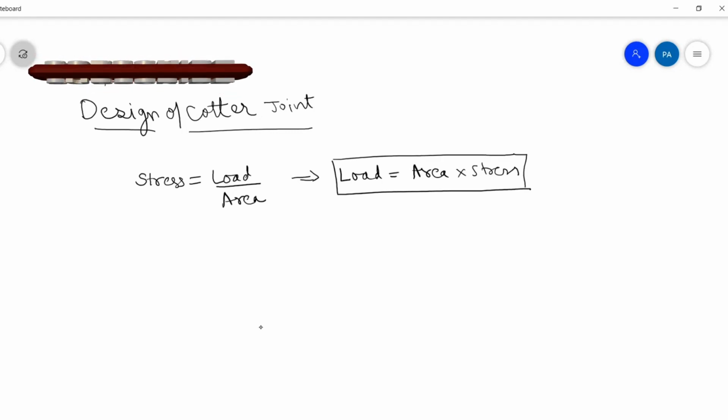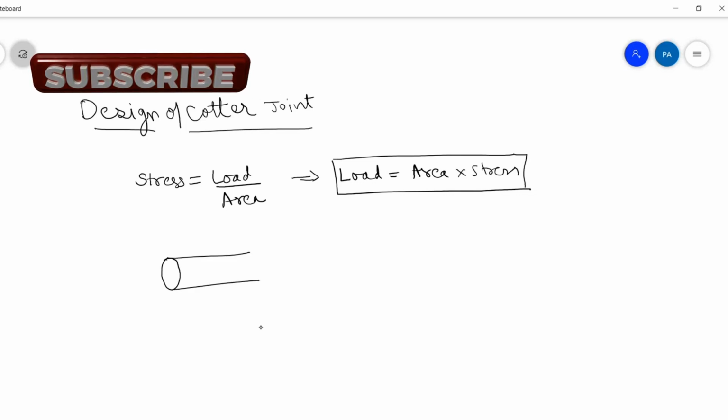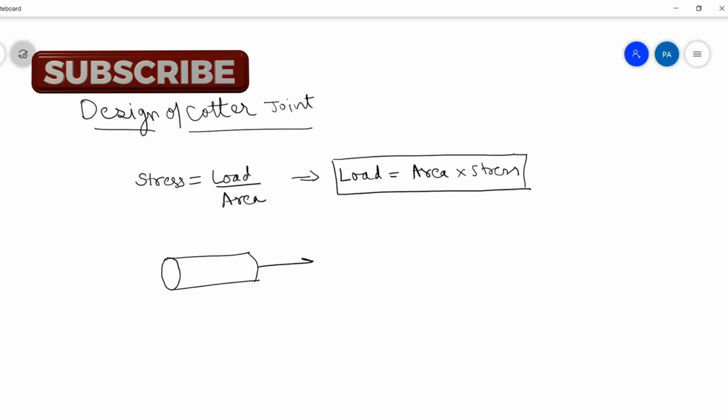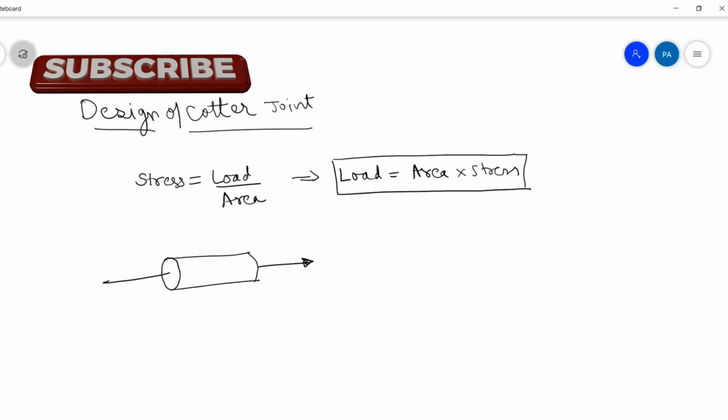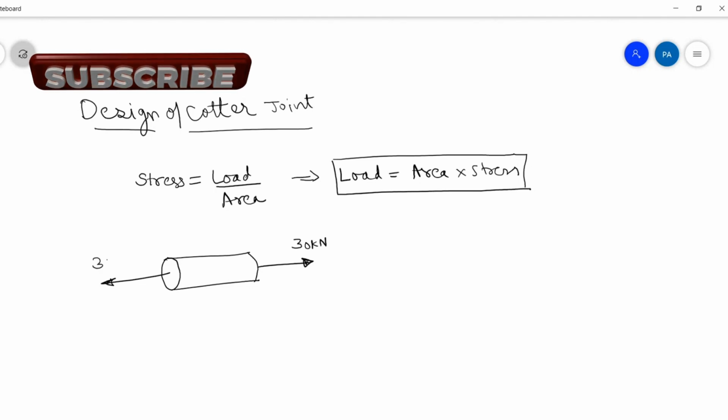So for example, this is a rod and this rod is subjected to force in this direction and in this direction. Let the magnitude of this force be 30 kilonewton and this is also 30 kilonewton.